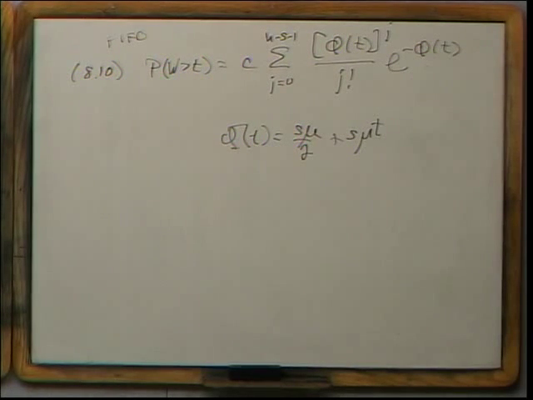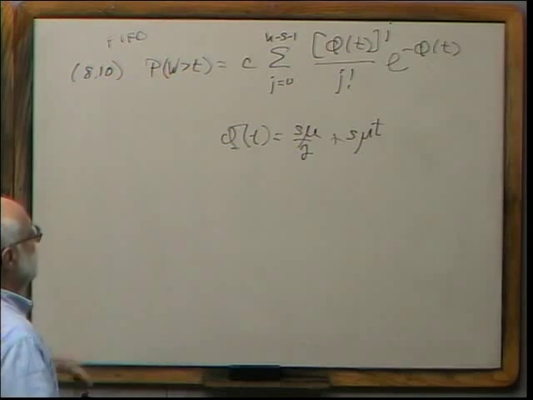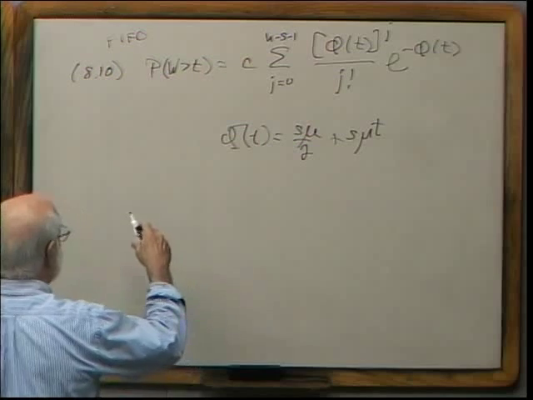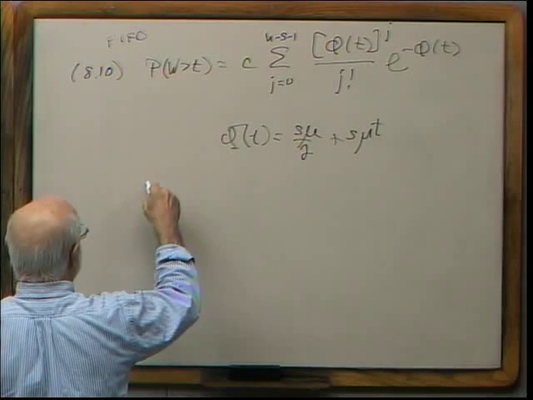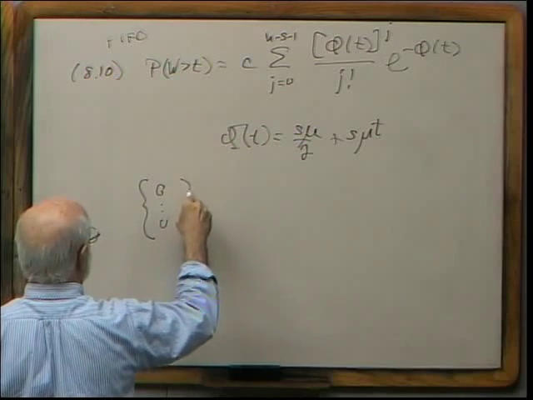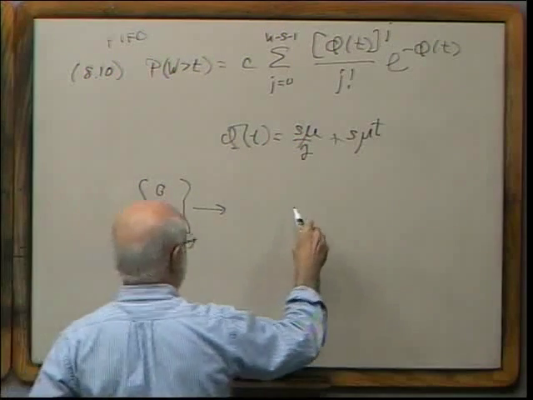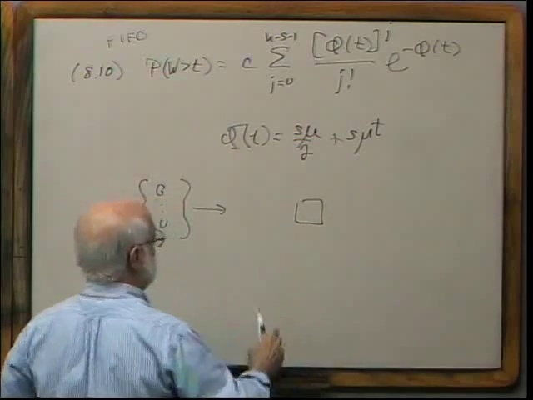Now, sometimes this model is represented this way. I have a bunch of sources, and the sources make requests for service, and I have a server or servers. I'll just put it like that, S servers.